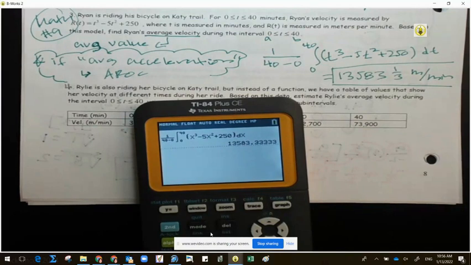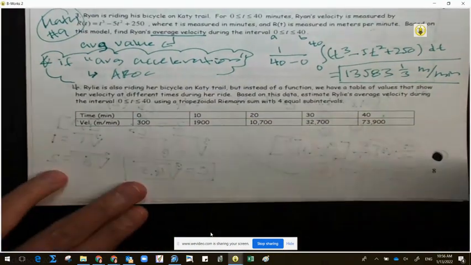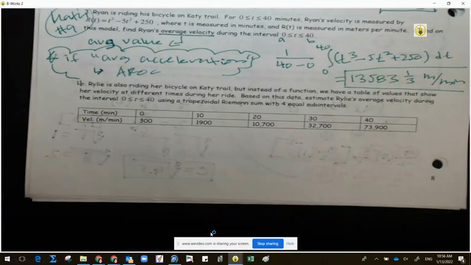All right. On number 4. Sam, let's read. Riley is also riding her bike on a paved trail, but instead of a function, we are given table values that show her velocity at different times during the minute.